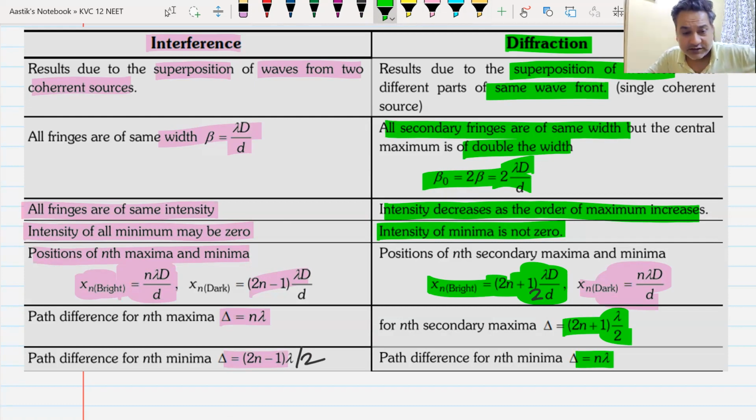Yes, sir. Note down this table. This table has everything that you need to know, both about interference as well as about diffraction, in one table. So note it down, please.